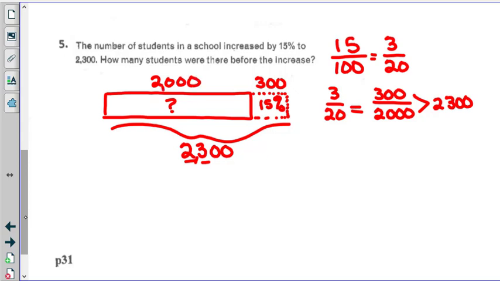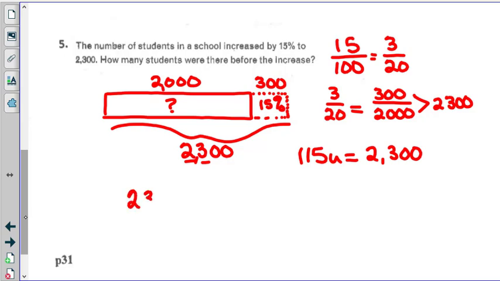The other way I could do it is 115% of what number? So I have 115 units. Oh, 115 units equals that 2,300. So what would 1 unit be? I would take 2,300 and divide it by 115.